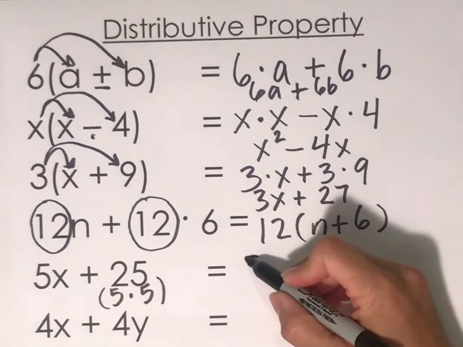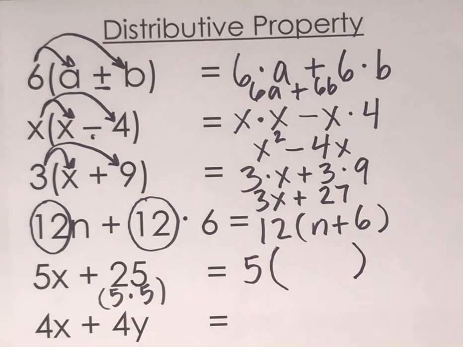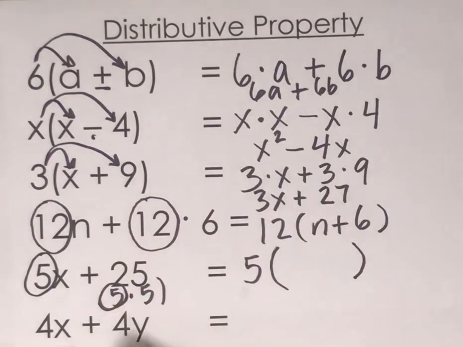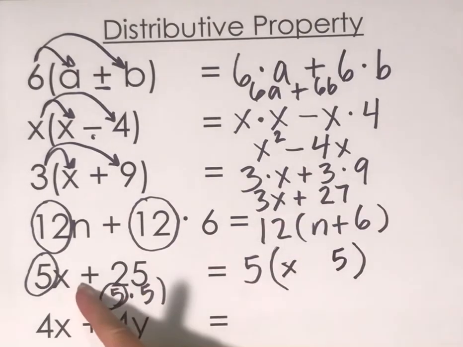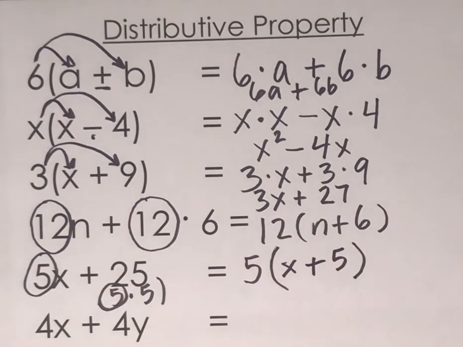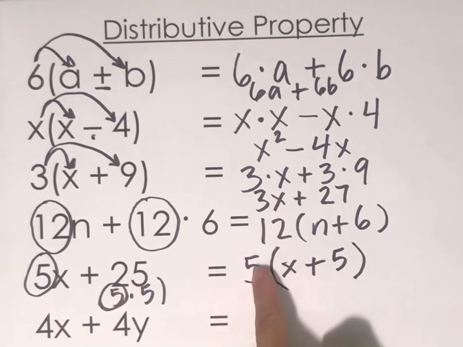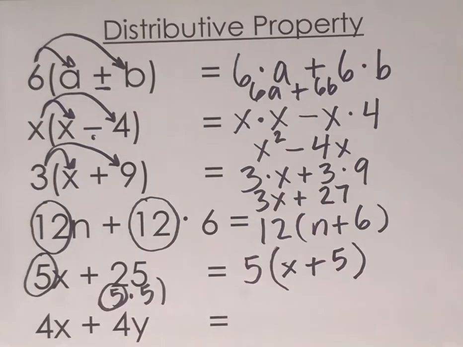So that's what we're going to pull out, is a 5. And then what's left goes in the parentheses. Since I used this common factor and this common factor, what's left is the x and the 5. So that's what goes in the parentheses, the x and the 5. And then I'm adding, so that goes between the two. So as you can see how that's 5x? And then 5 times 5 would give you back that 25. Okay?